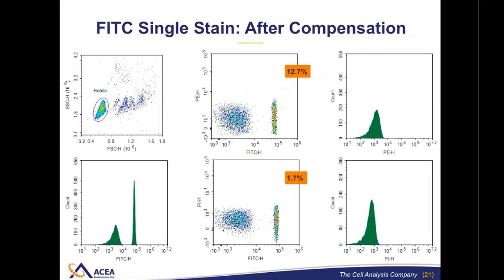You can see that the FITC negative and the FITC positive populations are evenly matched in the bivariate plots. And you can see that the brighter peak has completely disappeared from the PE and PI histograms. So the FITC spillover has been reduced by 12.7% from PE and then 1.7% from PI. Now let's take a look at the before and after compensation data together.